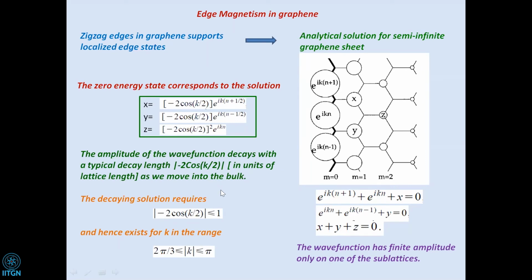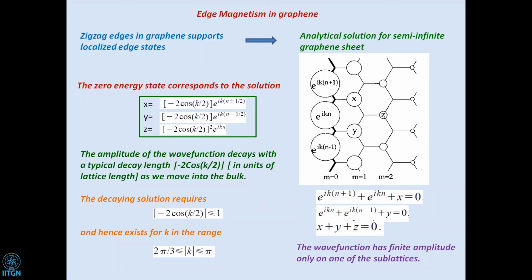Since a decaying solution requires that this quantity be less than 1, and that this should be negative, this means that for k between pi and 2 pi by 3, you are going to have this zero energy state. So this gives you an analytic solution for semi-infinite states in graphene, which are localized at the edge because they decay as you go into the bulk, and they are of zero energy.